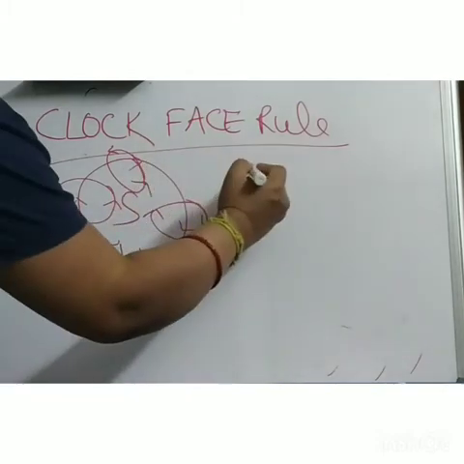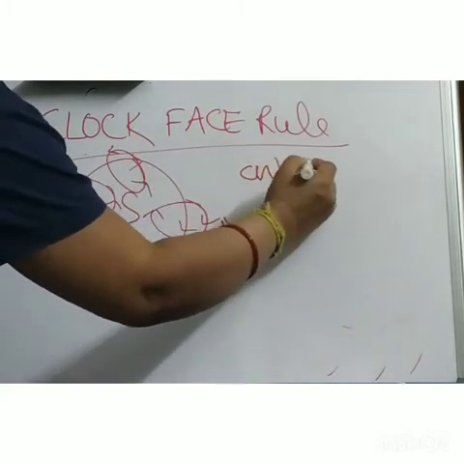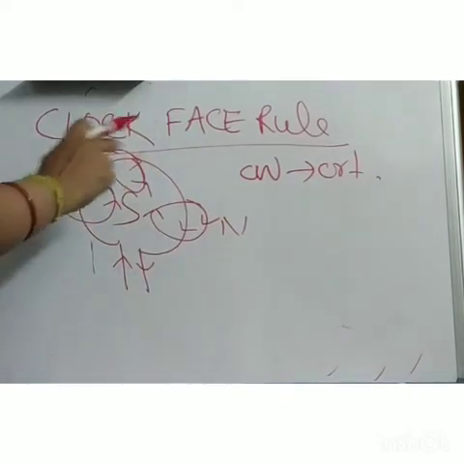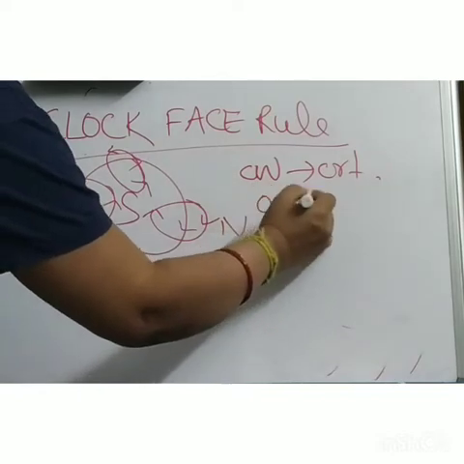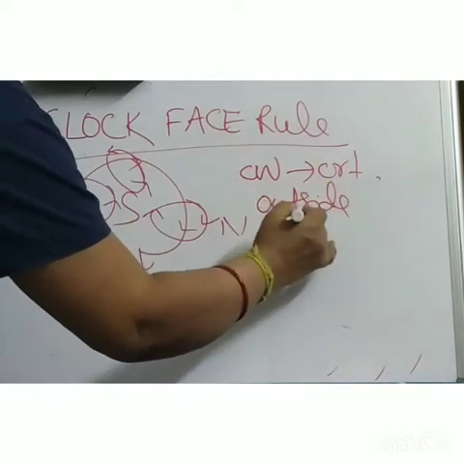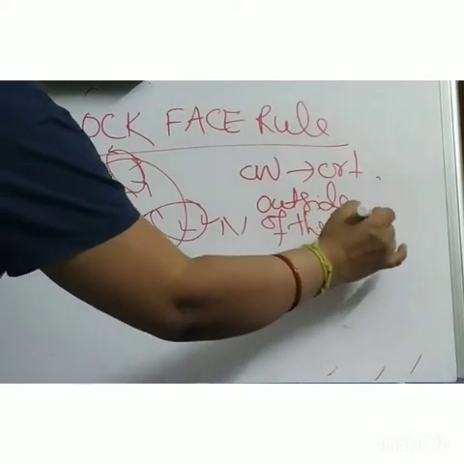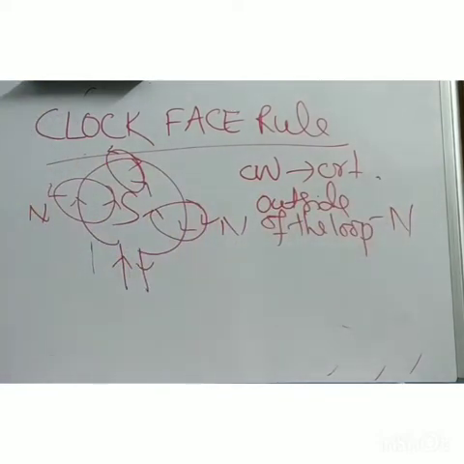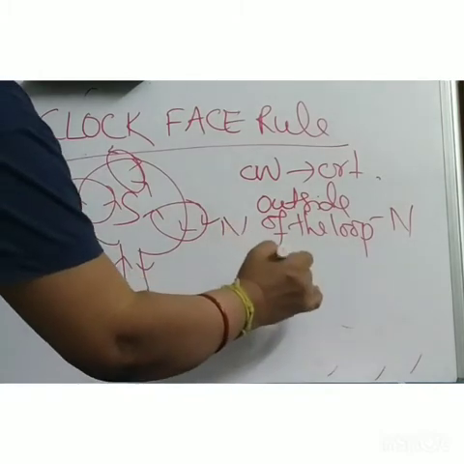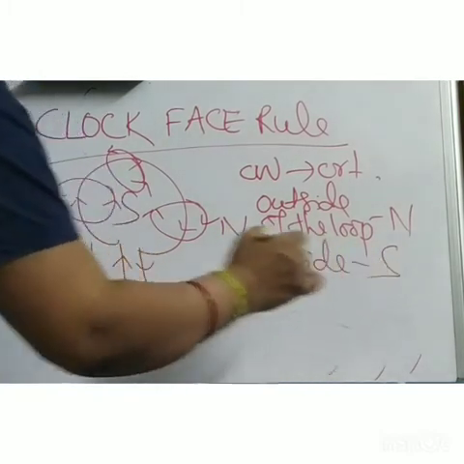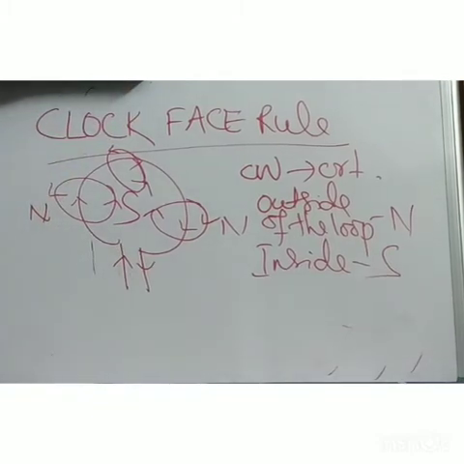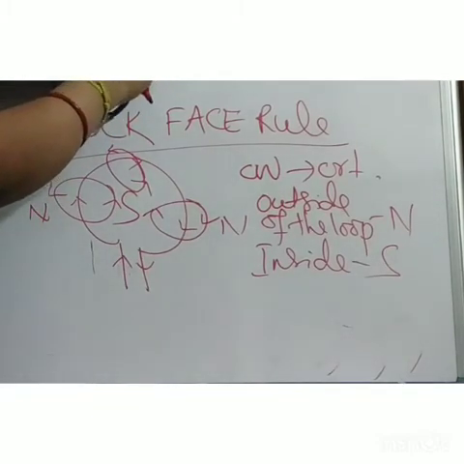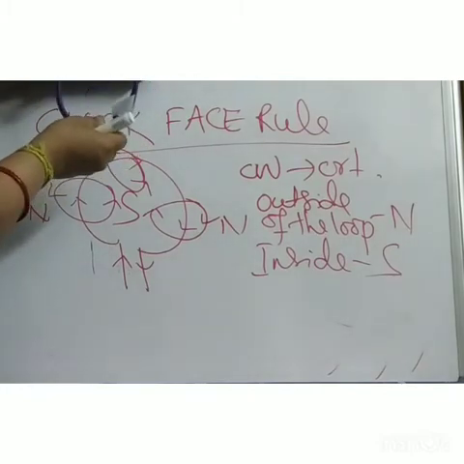Now current is clockwise. With clockwise current direction, the outside of the loop is your North Pole and the inside of the loop is your South Pole. Is it clear? Inside of the loop is your South Pole. So this is your face. Suppose this is your loop, and current is flowing like this.